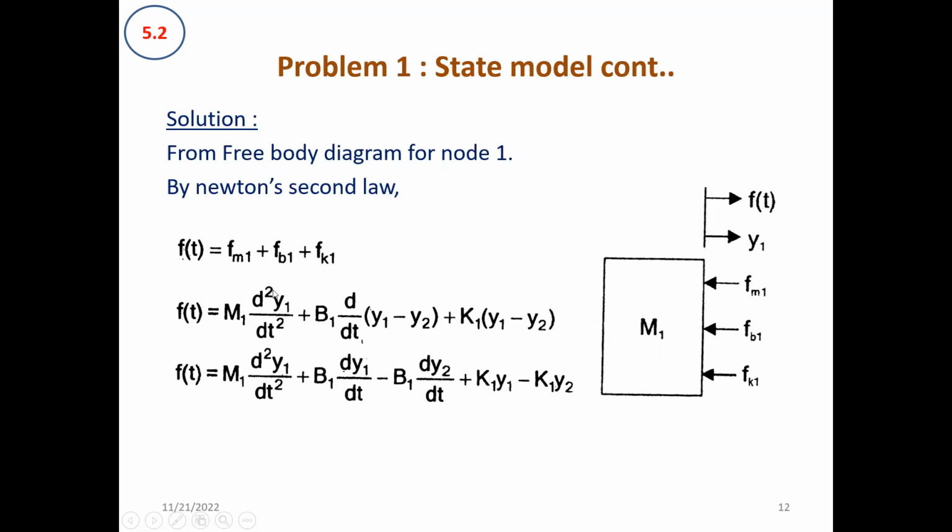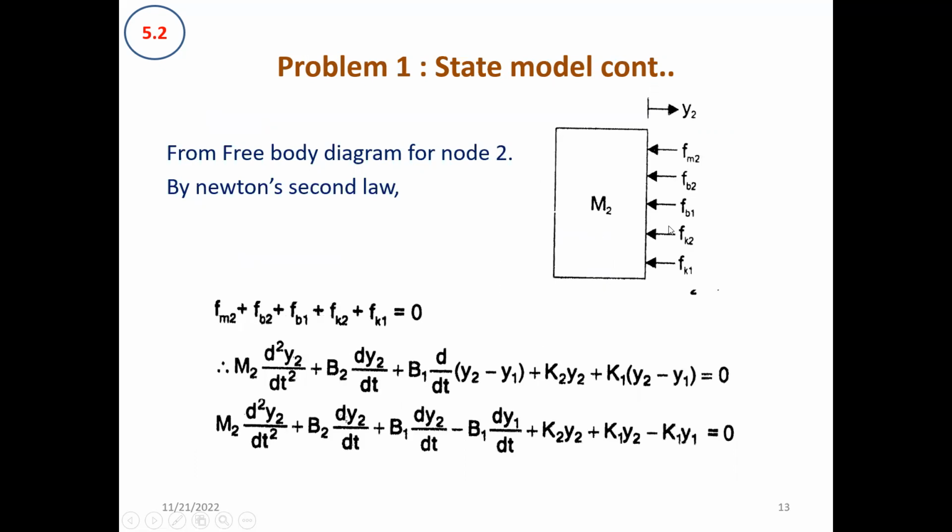F of t equal to M1 d square y1 by dt square plus B1 d by dt of y1 minus y2, plus K1 into y1 minus y2. With respect to this we connected, and we draw the diagram once again for M2, where M2, B2, K2 and K1 are connected in the diagram.